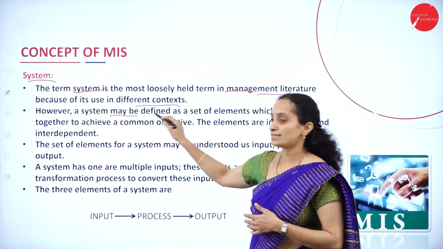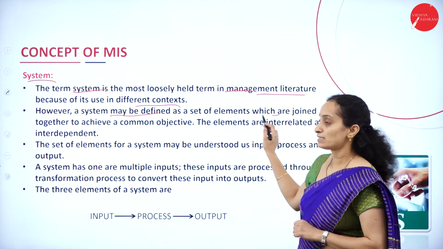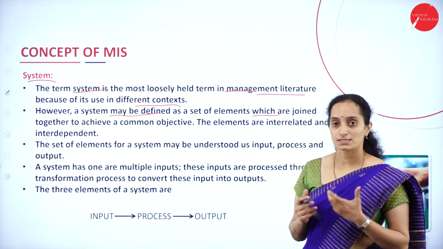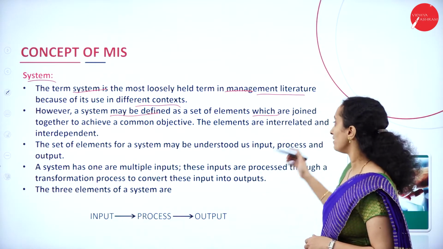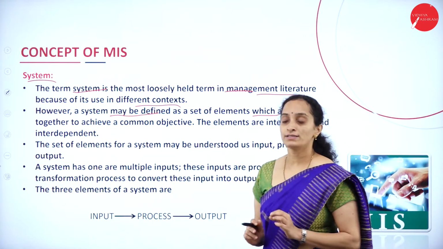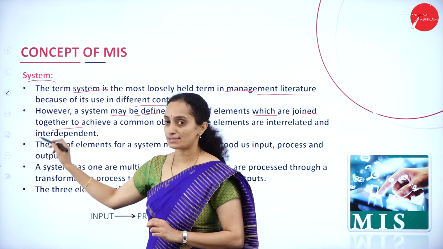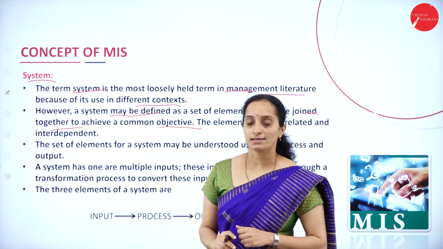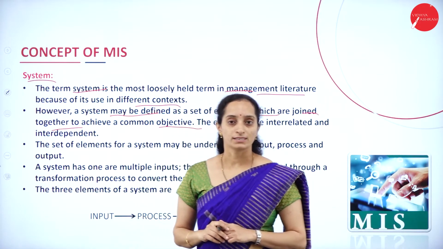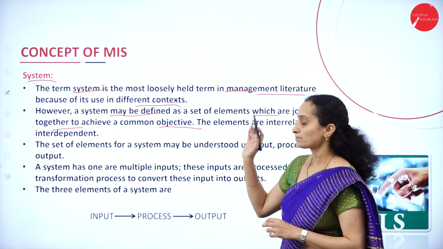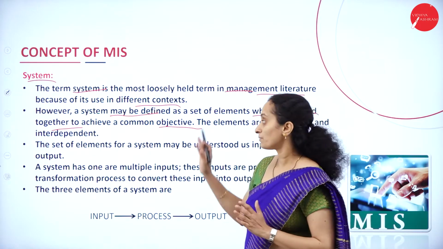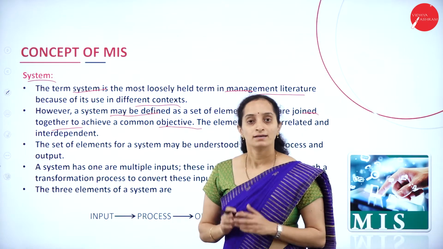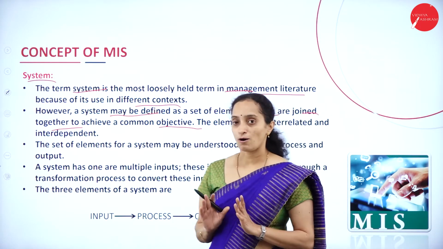Okay. The system may be defined as a set of elements which are joined together to achieve a common objective. System is a set of elements which are properly organized into a common objective.